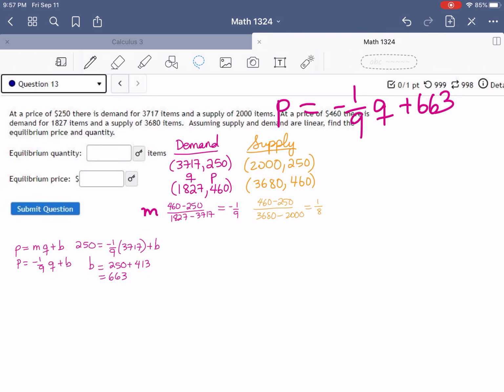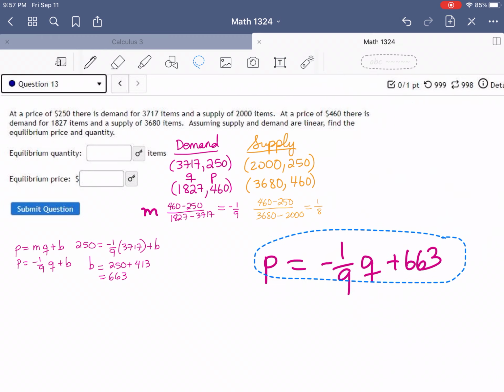Now we want to do the exact same thing for supply.